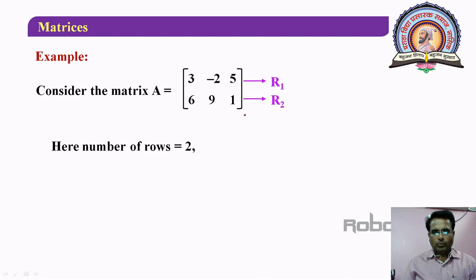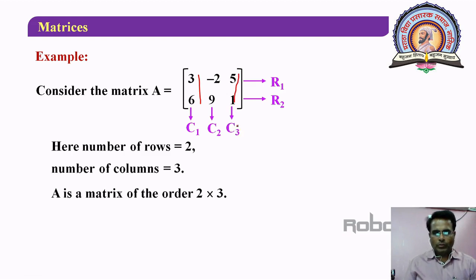The first column, that is the vertical line 3, 6, is C1. Similarly, -2, 9 gives the second column C2, and 5, 1 gives the third column C3. Hence there are 3 columns. Hence A is a matrix of order 2 by 3. So this is the way of considering matrices.